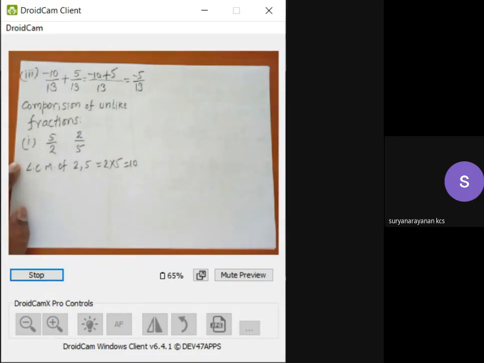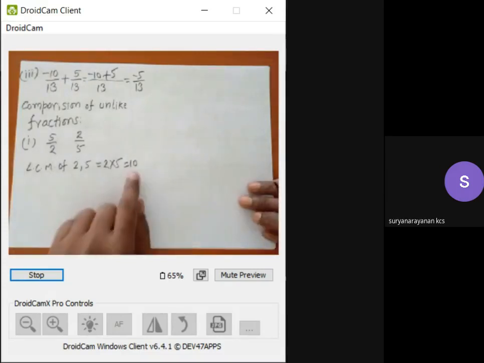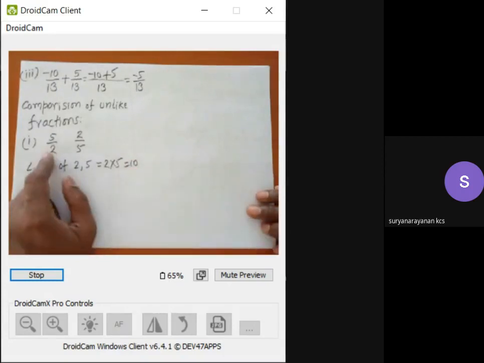Do you remember that point, my dear children? Finding the LCM of numbers. We use that previous knowledge here. So here we got LCM 10. Okay, so we have to make these two denominators 10.